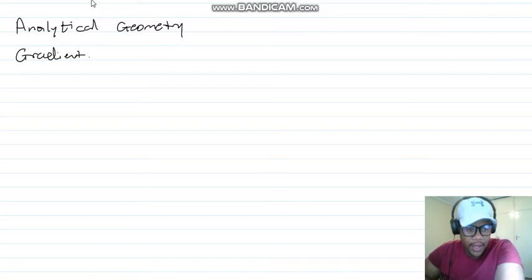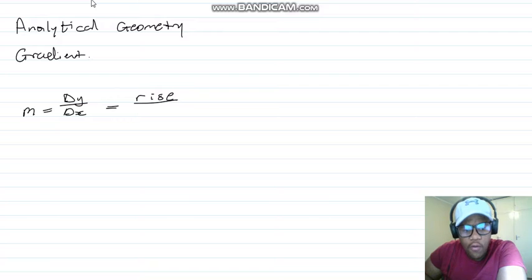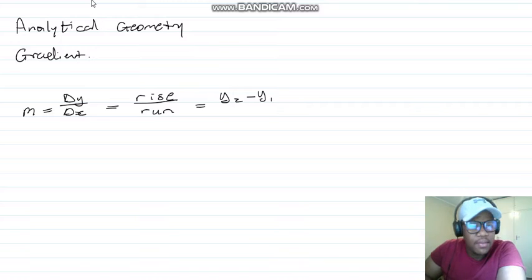Let's look at the gradient, right? So the gradient is given by change in y over change in x. Sometimes it's given by rise over run. Sometimes it's given by y2 minus y1. Maybe I'm not happy with how I wrote this.